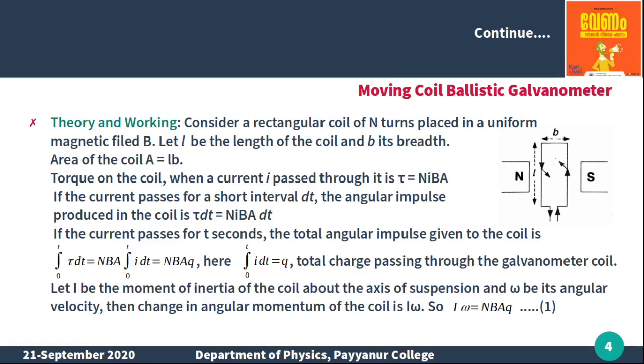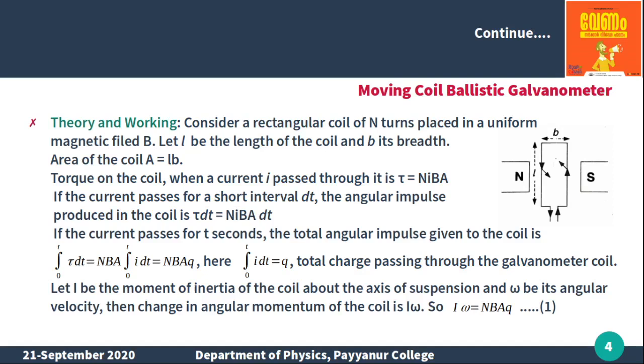This change, the change in the momentum of the coil, that is d of I omega, will always be equal to total angular impulse. Why?